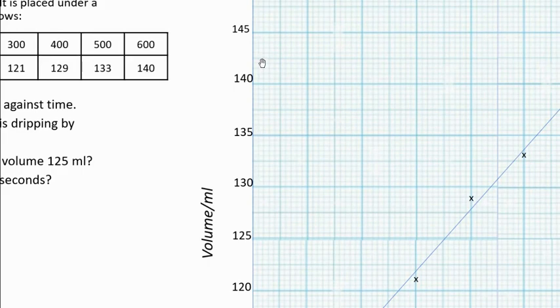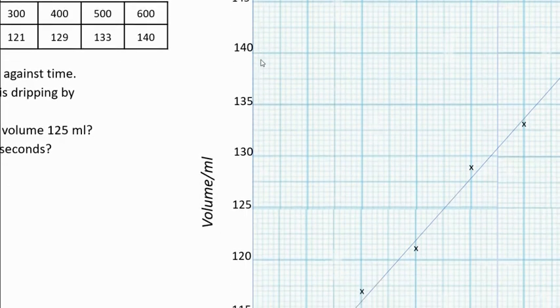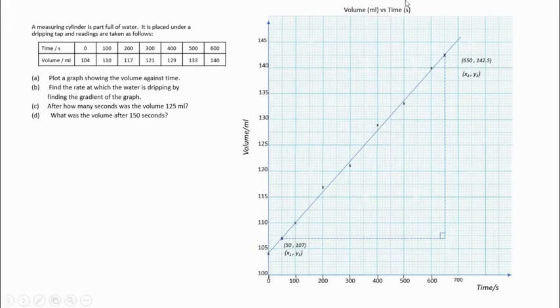So we write exactly what we read off. We don't round off and try to avoid the decimals. We read off exactly what the scale says. So the coordinates for the second point: x2 is 650, y2 is 142.5. Those are the values that we're going to use to find the gradient of the line.